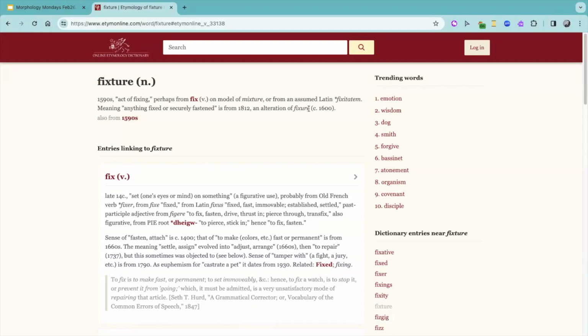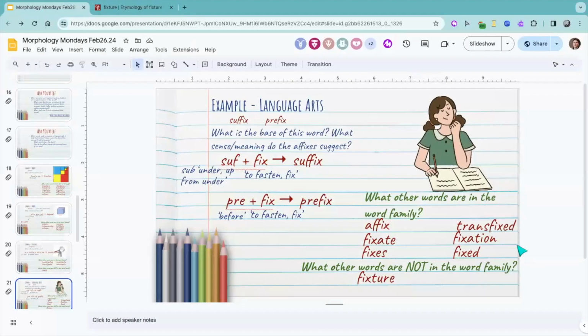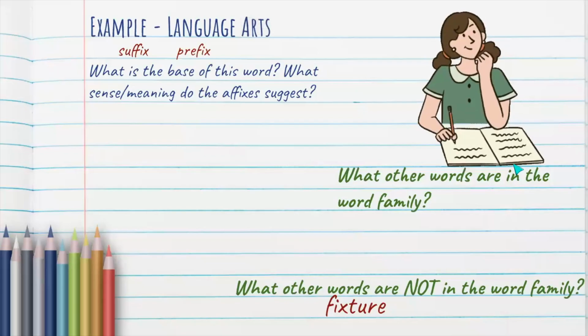without logic, without the rules of etymology informing it. And so at one point it was fixure, I don't know. And then it became fixture once they decided to spell it like mixture. But because we can't take it apart, as TURE is a suffix, then it can't live in the family.